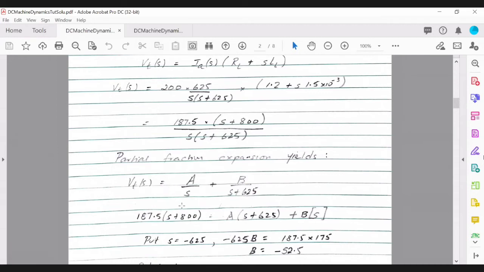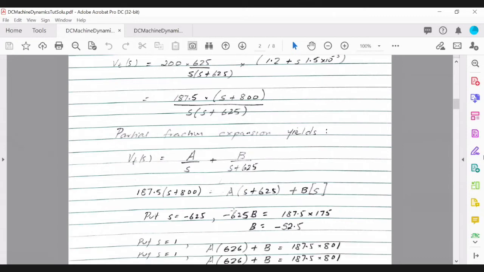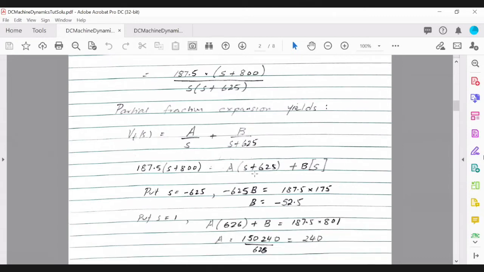If you expand it using partial expansion, you'll have A over S plus B over S plus 625, and then you can expand and solve for A and B. How you get B is you cancel this term by inserting S is equal to minus 625, and you solve for B.